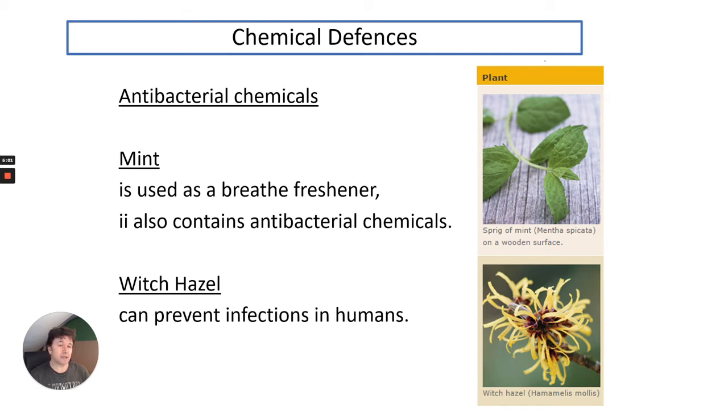Mint, we currently use mint in many places, such as breath fresheners. It also contains antibacterial chemicals, so it stops pathogens from destroying it. Also, witch hazel is used by humans as an antibacterial chemical, and it's from a plant, and that reduces the herbivory of that plant.